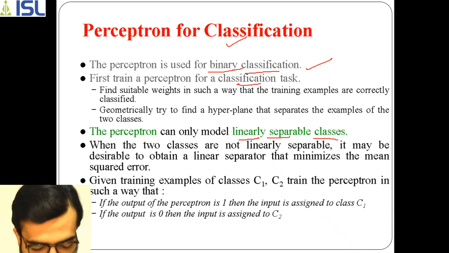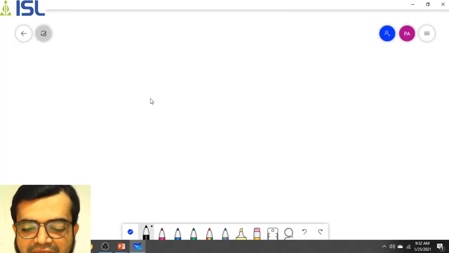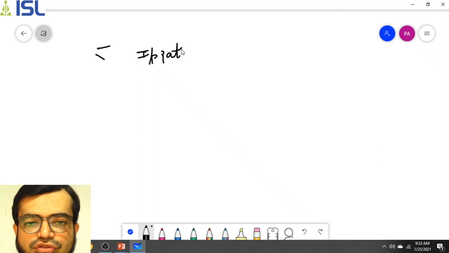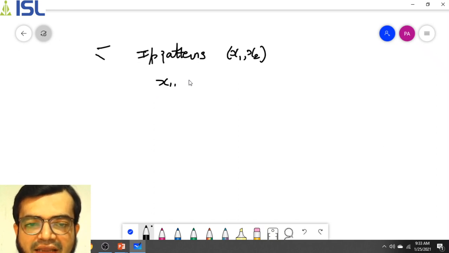For example, if I take input patterns, I can assume that there are two inputs, x1 and x2. Say I take x1 as one pattern and x2 as another pattern, so there are two patterns here.